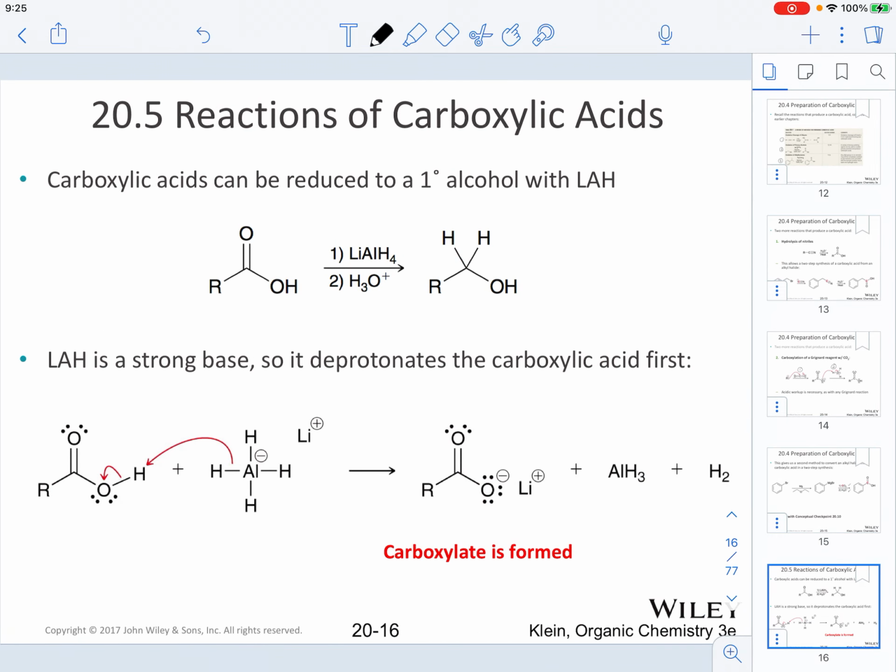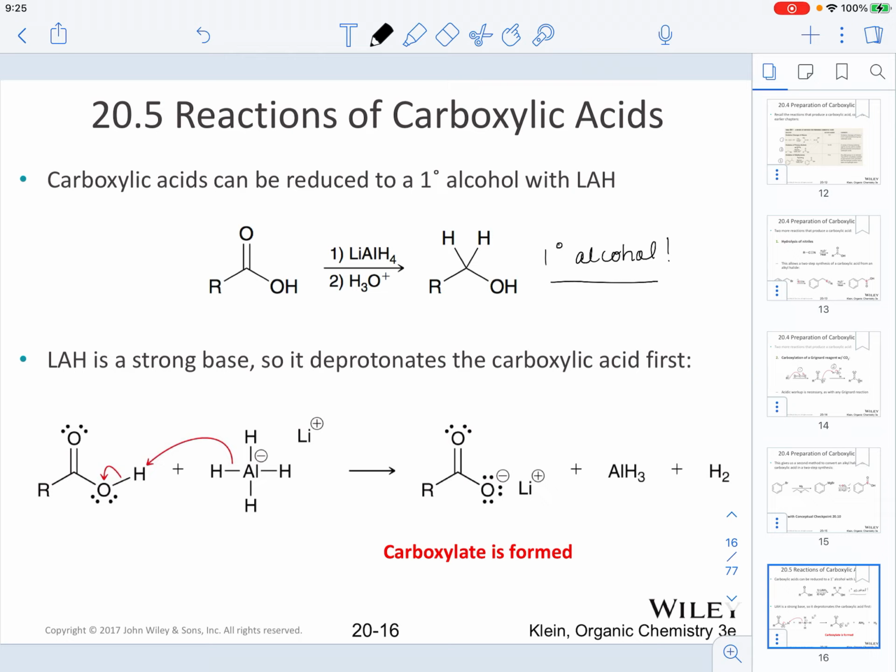Now, carboxylic acids can be reduced to primary alcohols, but we need a strong reducing reagent. The only way that we can accomplish that is by using lithium aluminum hydride followed by an acidic workup. With that, we take our carboxylic acid to a primary alcohol. Understand that in essence what is happening is that since lithium aluminum hydride is a strong base, it can deprotonate the carboxylic acid first.